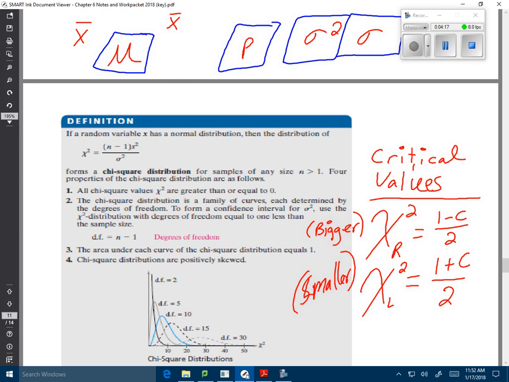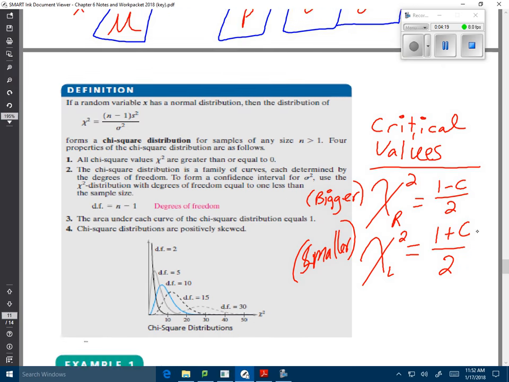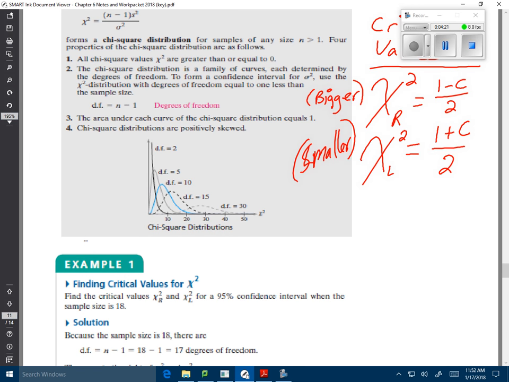The C stands for level of confidence. A lot of times we're dealing with 90, 95, and 99%. As long as we're working with that, we also need to know what the degrees of freedom is.